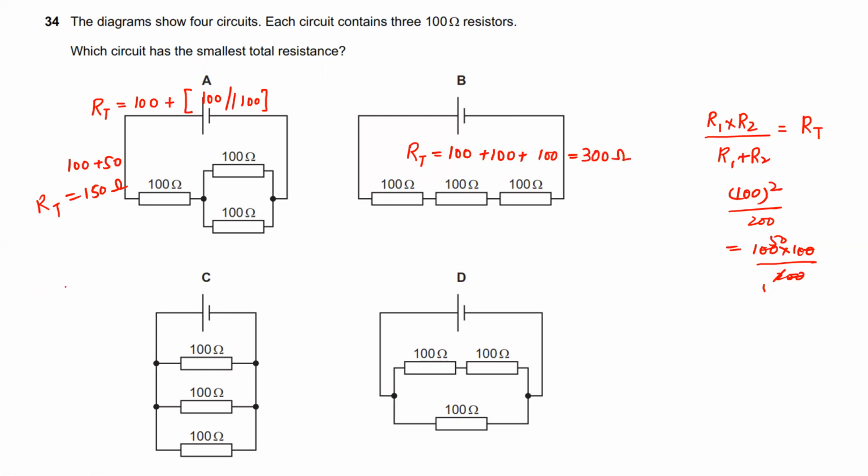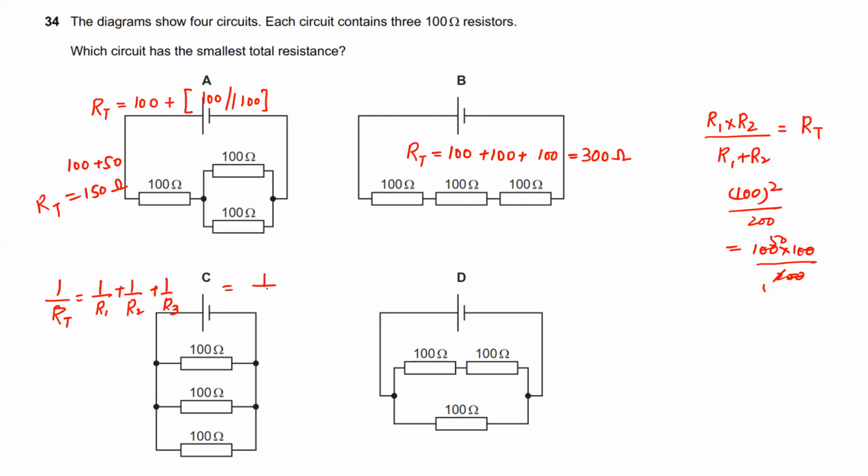Similarly, in this part B, three resistances are in series. So just add them. In part C, three resistances are in parallel. So 1 by RT equals 1 by R1 plus 1 by R2 plus 1 by R3.